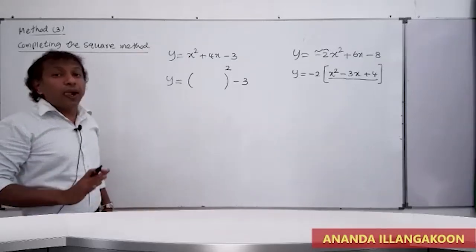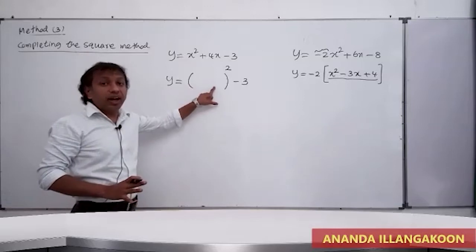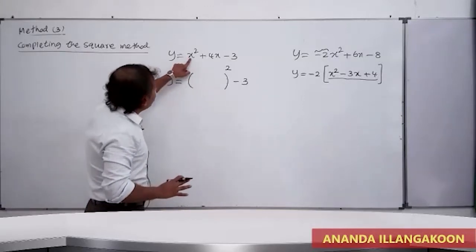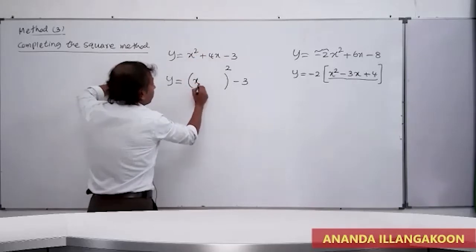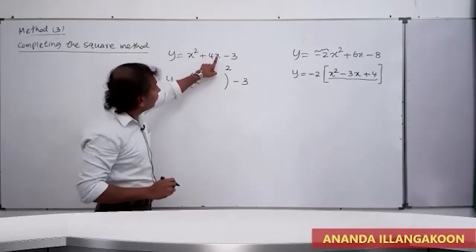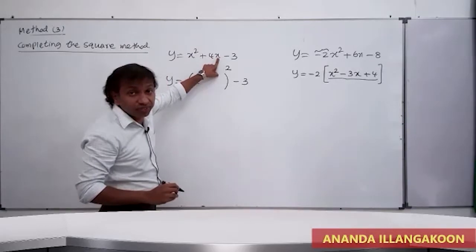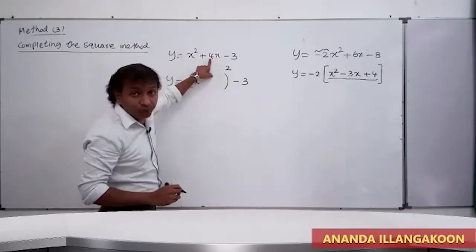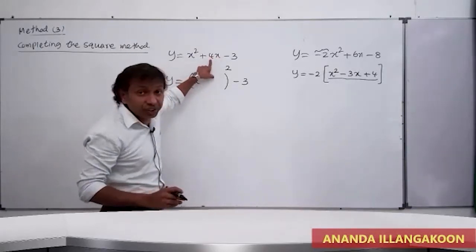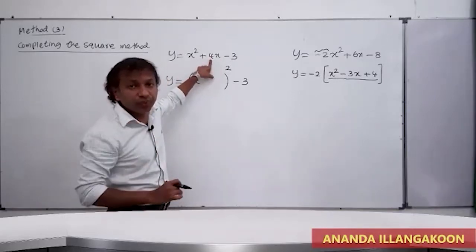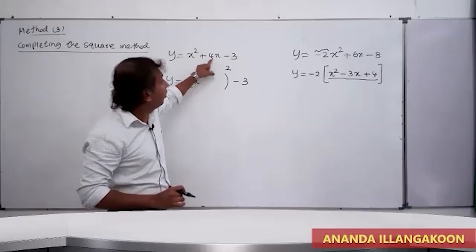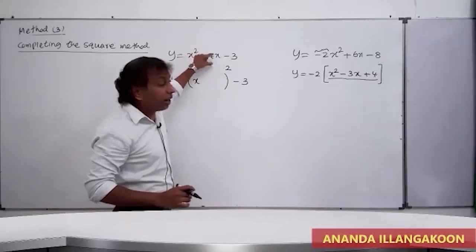Now within the bracket, the terms we write are these. From this x squared, don't write the square, only x. The x coefficient is 4, no? Whatever this x coefficient is, divide that by 2. When you divide 4 by 2, what do you get?